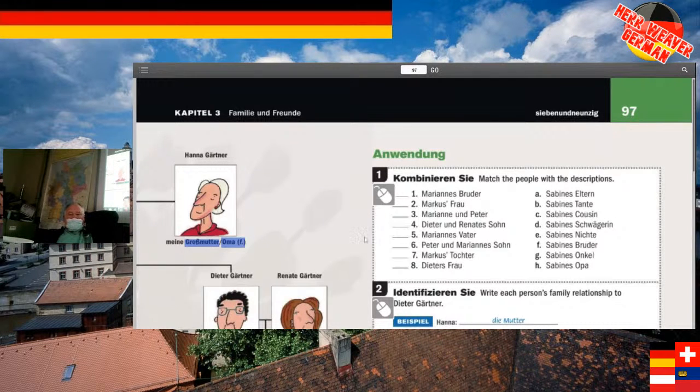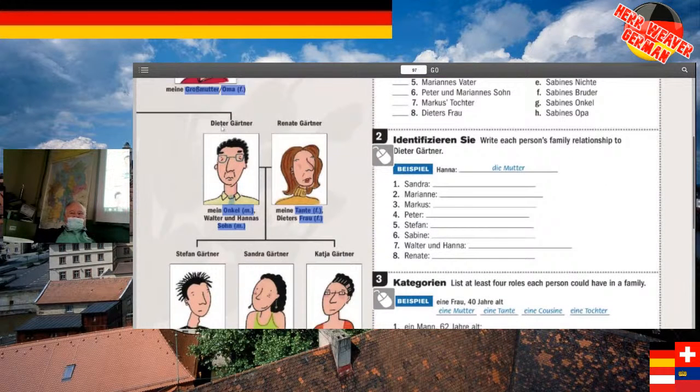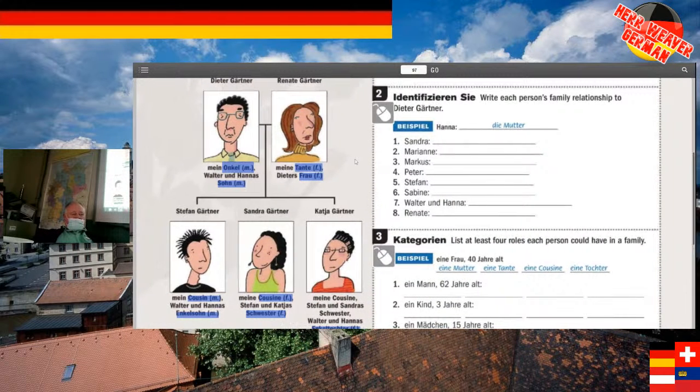Marianne's Familienname oder Nachname was Gärtner. So ist Dieter Gärtner Marianne's Bruder? Yeah, Dieter is Marianne's Bruder, he still has the last name Gärtner. Und ist Stefan Gärtner Sandra Gärtner's Bruder?